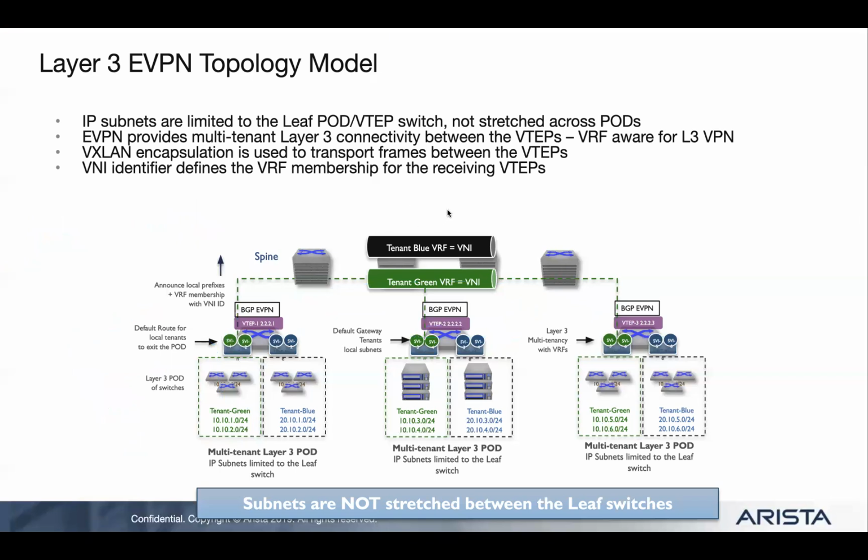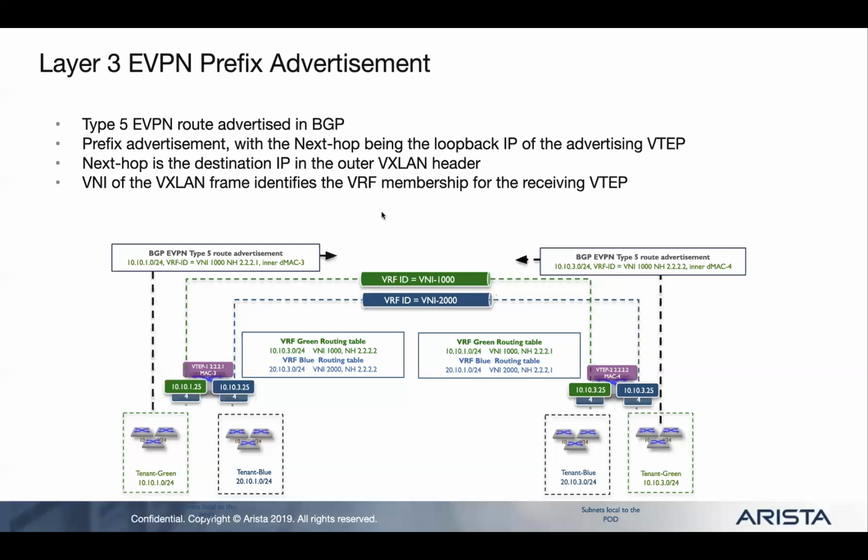Okay. So this is how it works. As we discussed, this green will be advertised. So basically this 10.10.1.0 will be advertised, like this type 5 route. The 10.10.1.0/24 route has VNI 10,000 because we have configured this green VRF to VNI mapping. So it will use that 10,000 as the VNI.